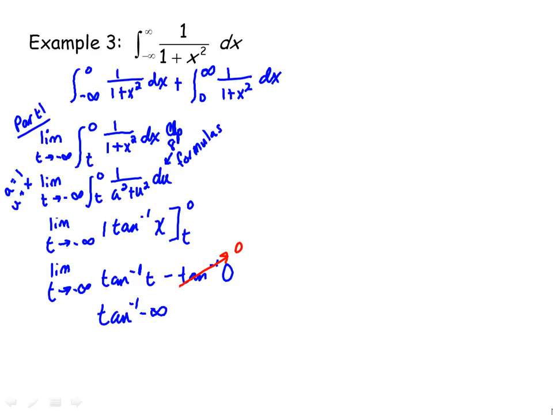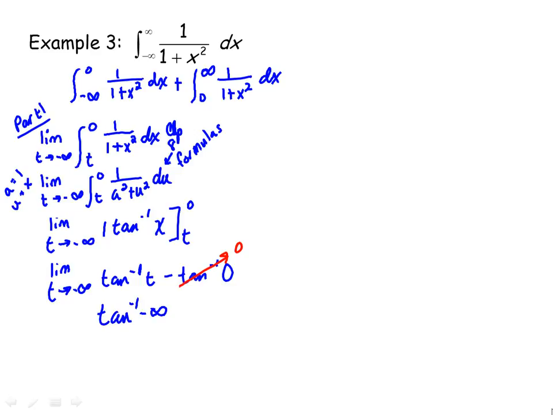Negative pi over 2. So that's why on number 8, if you have tangent inverse of plus or minus infinity, it's going to be plus or minus pi over 2. It all depends on which one you're going to.